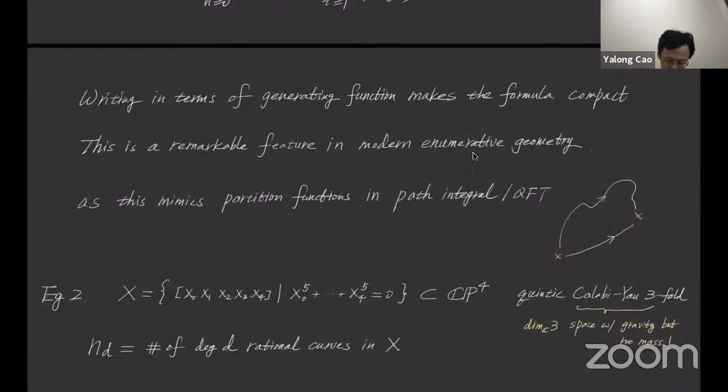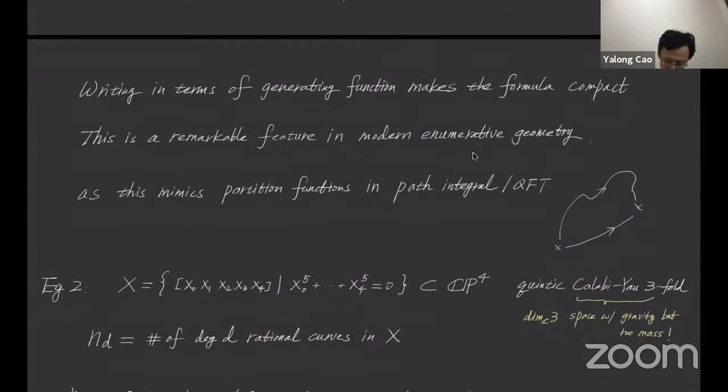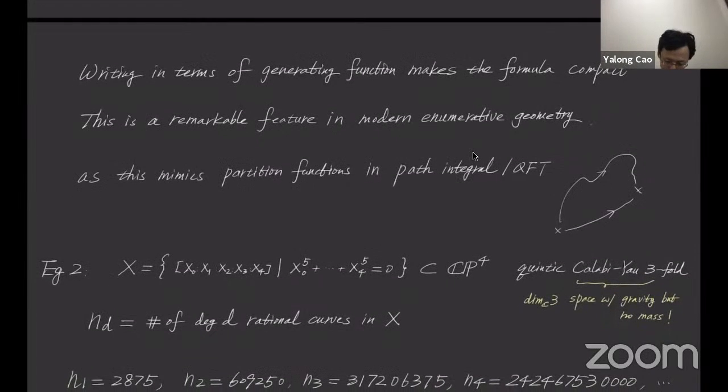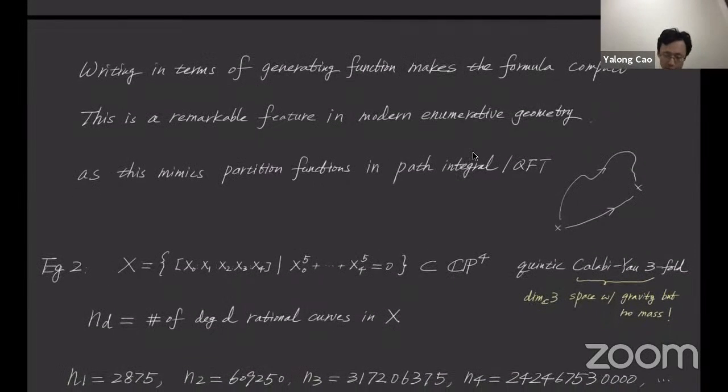So the second example is more complicated. It's coming from algebraic geometry. So we consider this complex projective space of 4 dimensions, and we consider a subspace here, which is cut out by this homogeneous polynomial.